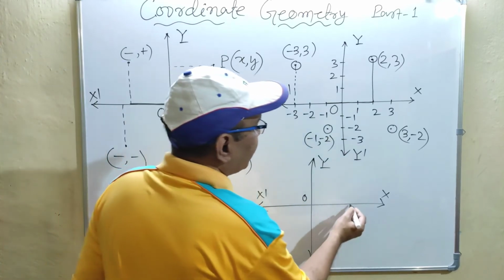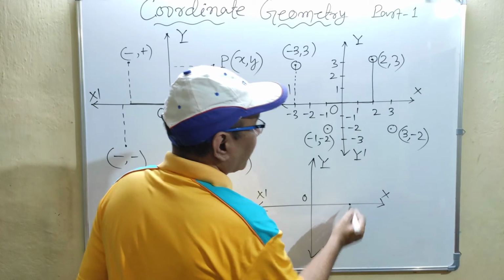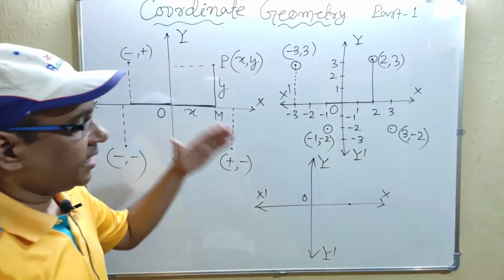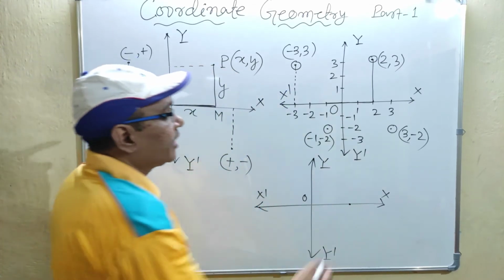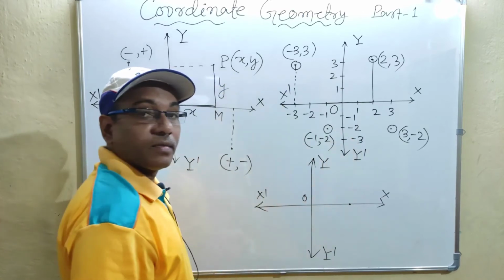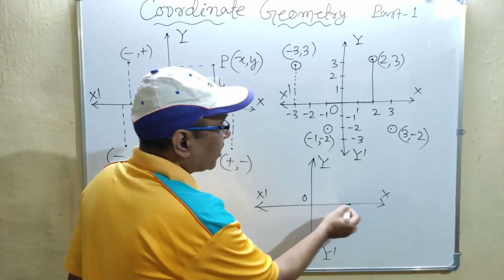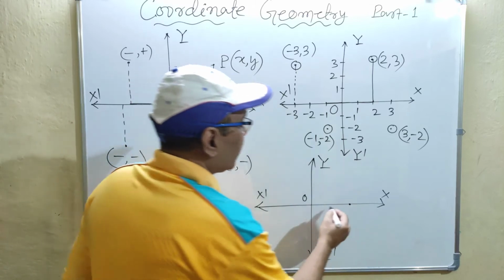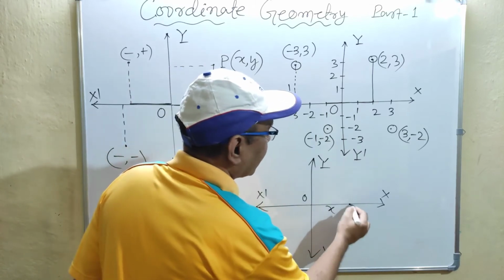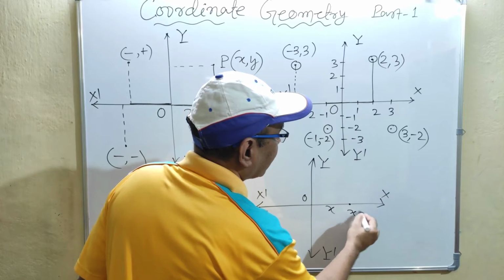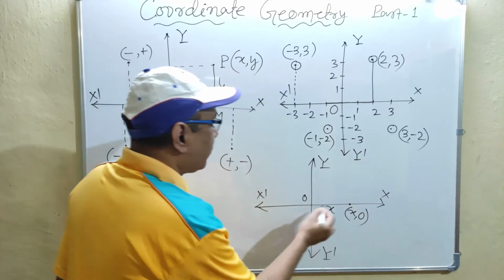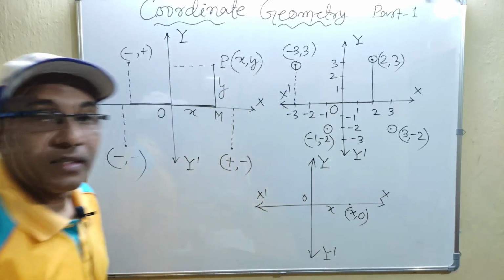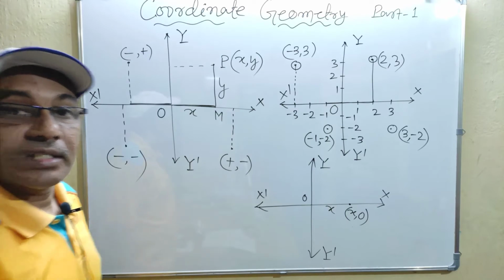If you take any point on the x-axis, any point directly on the x-axis, its y coordinate will be 0, because its distance towards x-axis is there, but distance towards y-axis is 0. If this distance is x, then this point will be written as (x, 0). So any point on x-axis anywhere, its y coordinate must be 0.